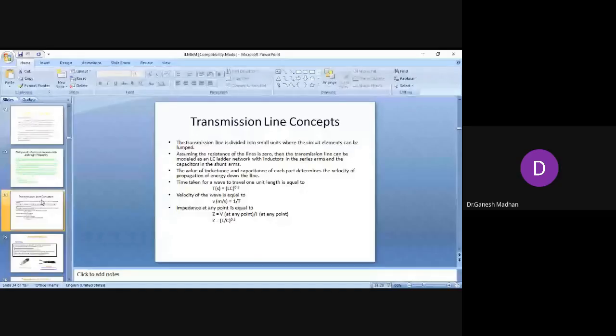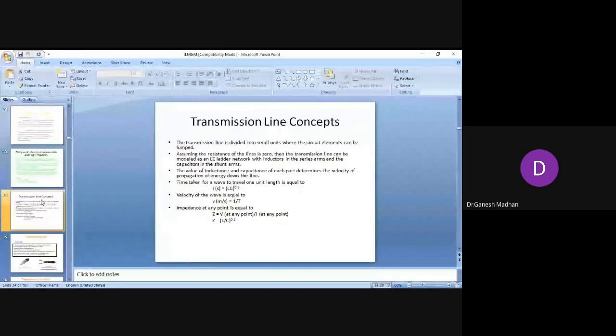So you may wonder how it can be considered as a LC network. So as we all know, a simple wire can be considered as a conductor at low frequency.